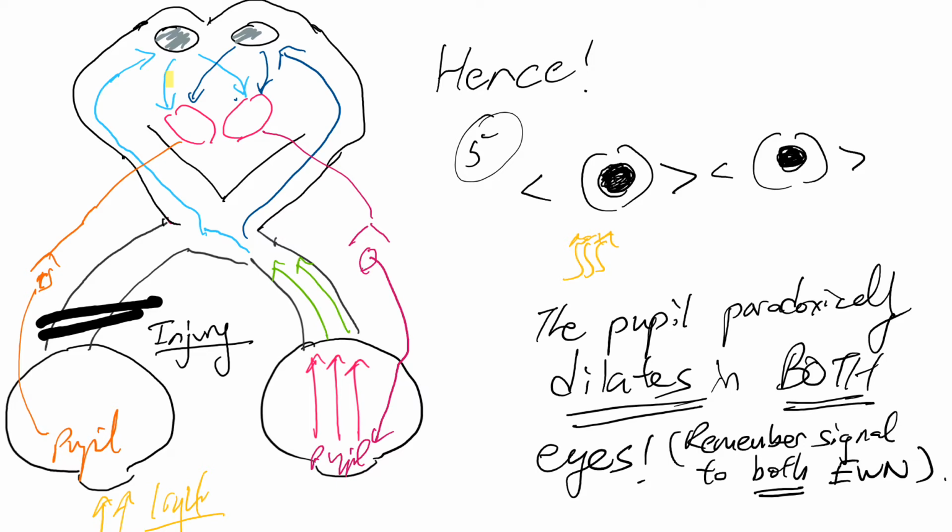So what happens then is that because there's less signal, the pupil will paradoxically dilate in both eyes. We say paradoxically because the light is the same intensity as I just entered into the left side.